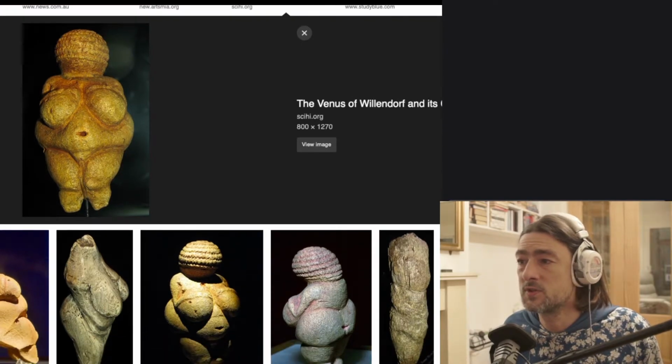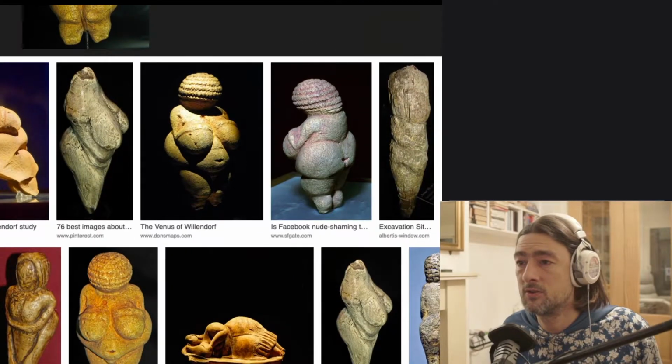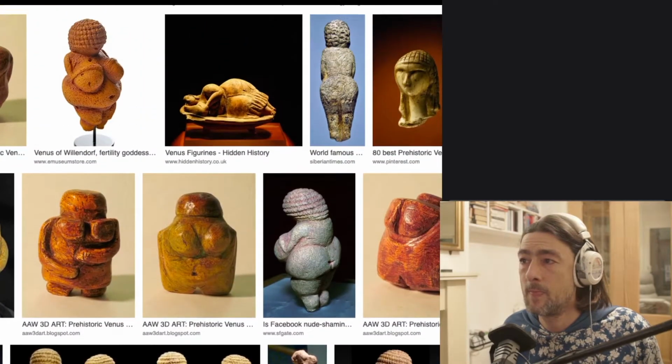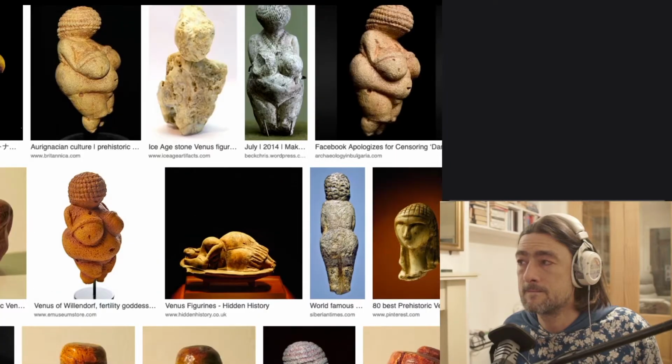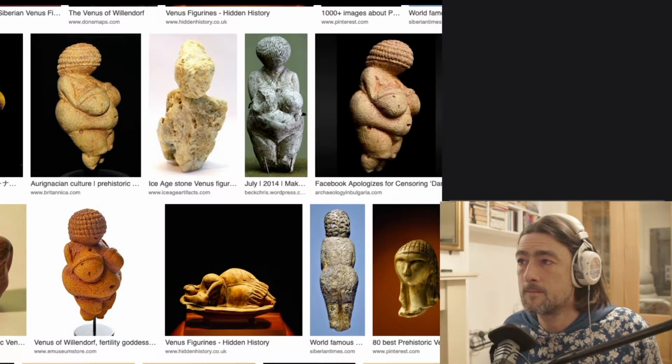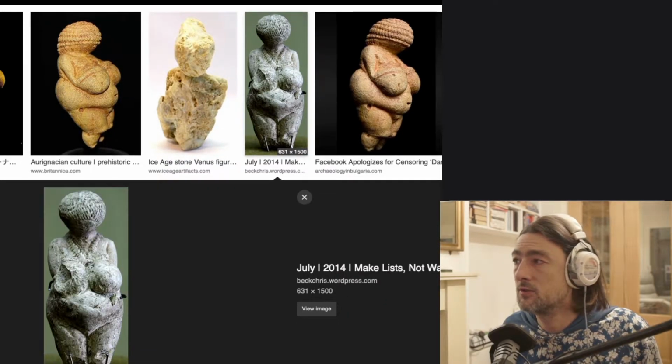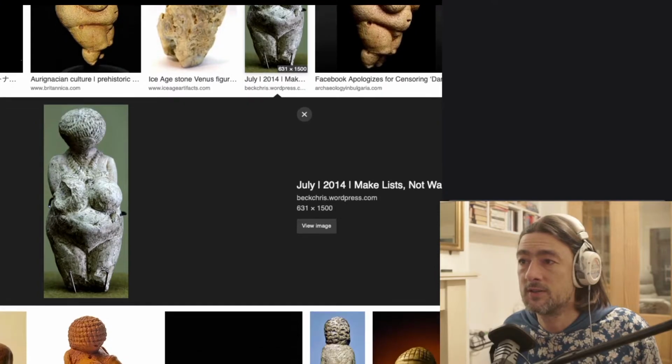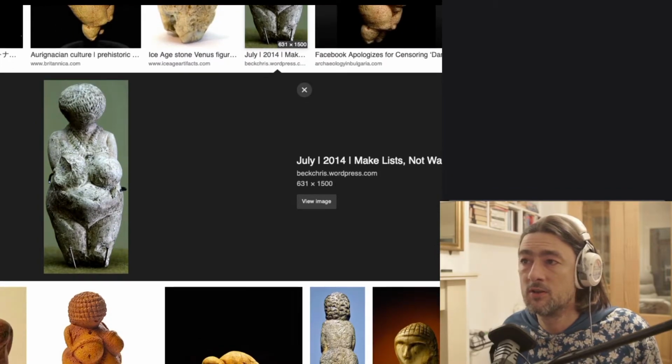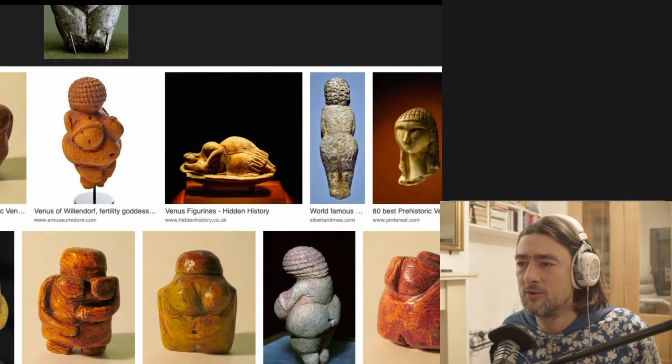A few different ones have been found around the world. There's evidence to say that it was a popular pastime to carve these for some reason. Interesting that they don't have much of a head going on, do they? Yeah, weird.